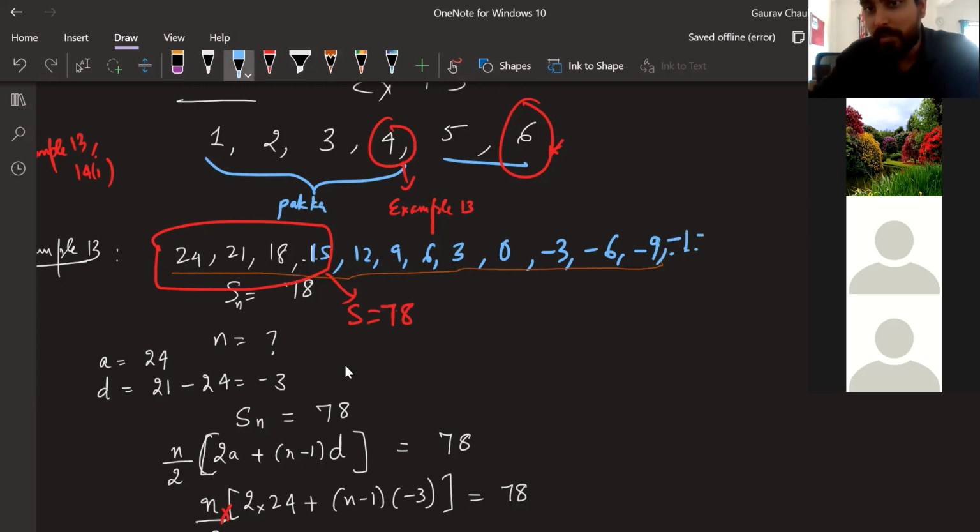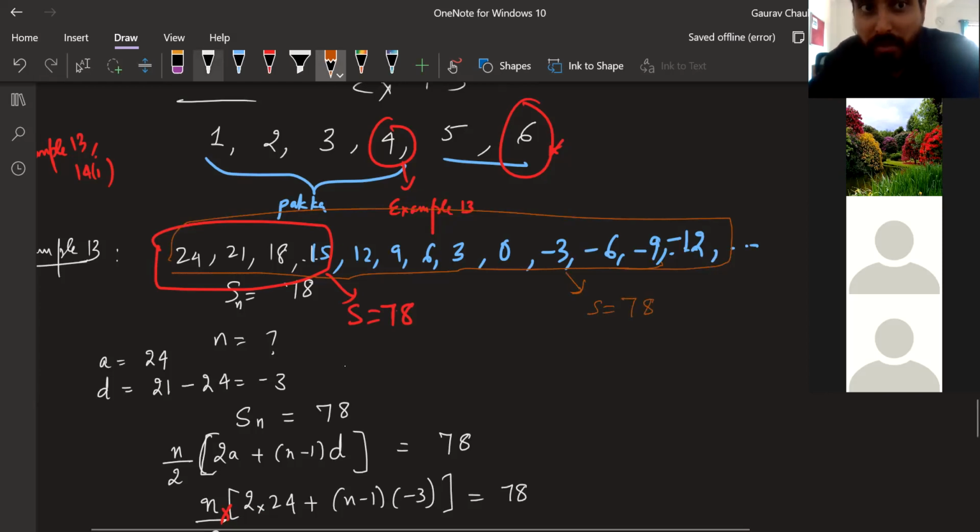The next term is -12. If you add till here also, guys, the sum will be equal to 78 only, because a lot of things will just get cancelled out. When you're adding, +3 -3 will become 0, +6 -6 will become 0, +9 -9 will become 0, +12 -12 will become 0. You will have this only in the end.